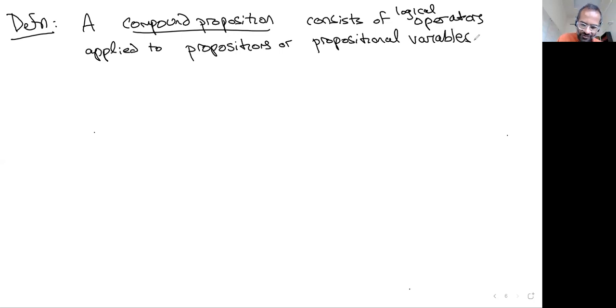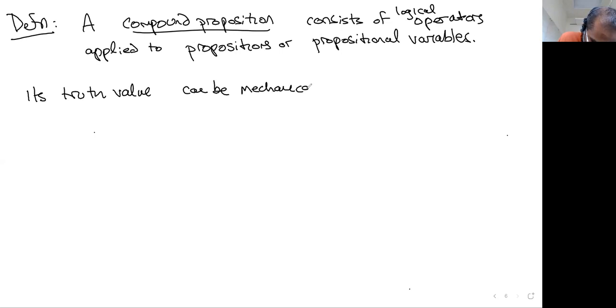This is just a piece of terminology. All the things we've been seeing so far are compound propositions. And the key point is the truth value of a compound proposition can be mechanically determined given the truth values of its constituents.